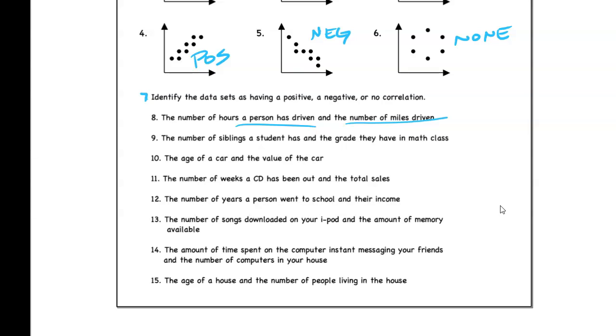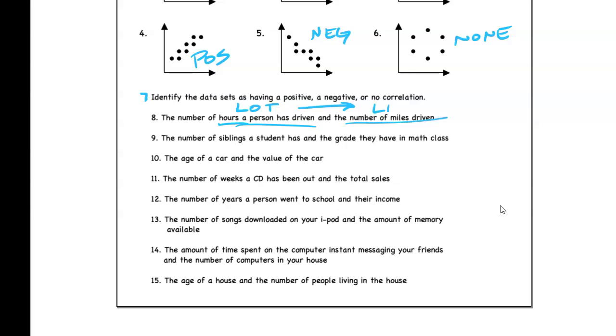Okay, so what I usually try to do is figure out if their answers would be the same or opposite. So if I drive for a lot of hours, would the number of miles driven be a lot or a little?